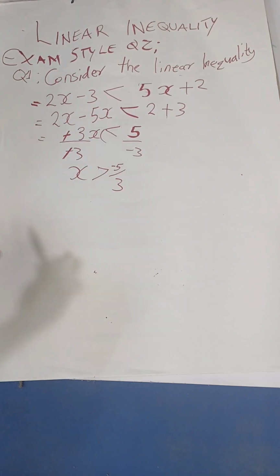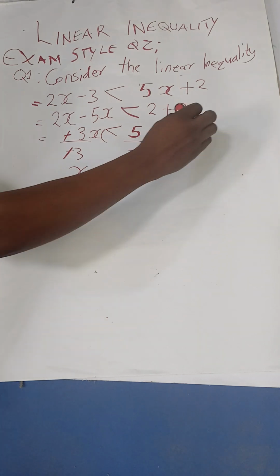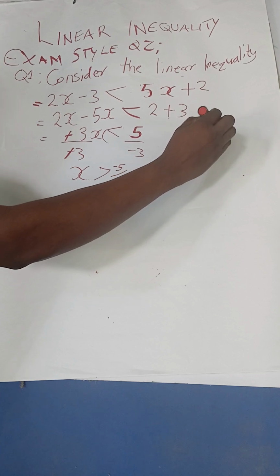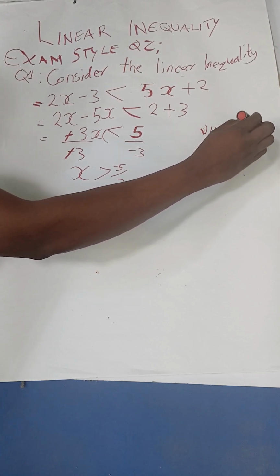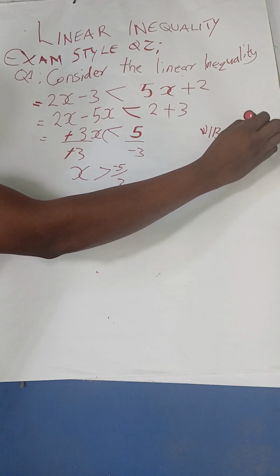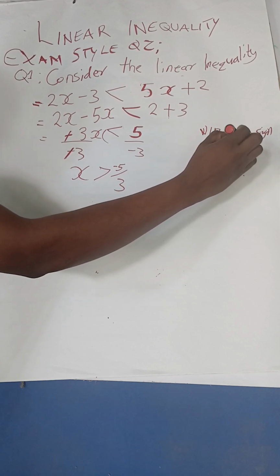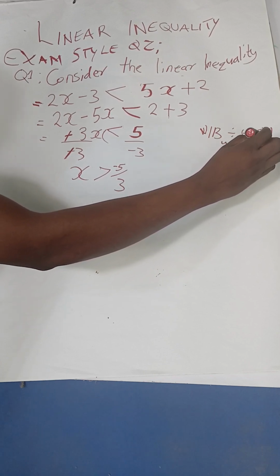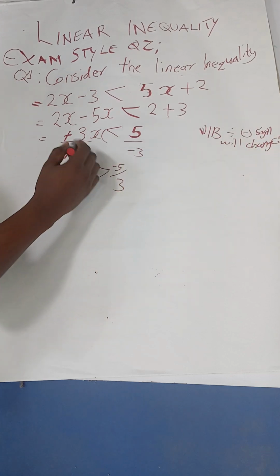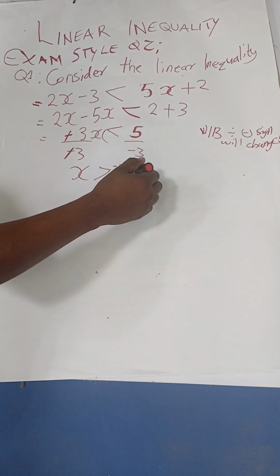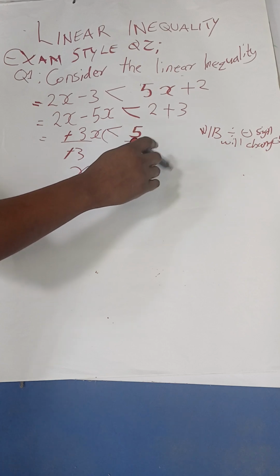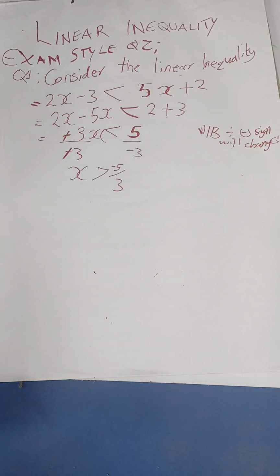So you can note somewhere, NB, that when you divide with a negative sign, the sign will change. This is a very tricky part, where you will realize your students don't change the sign. You will come out very happy, thinking you have gotten the point, but at the end of the day, you'll realize you have failed.